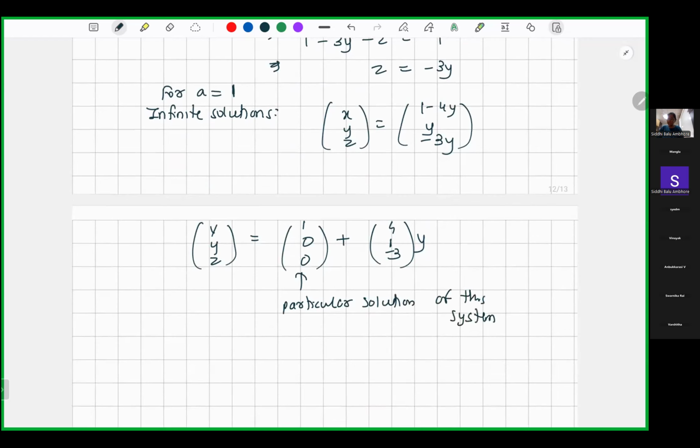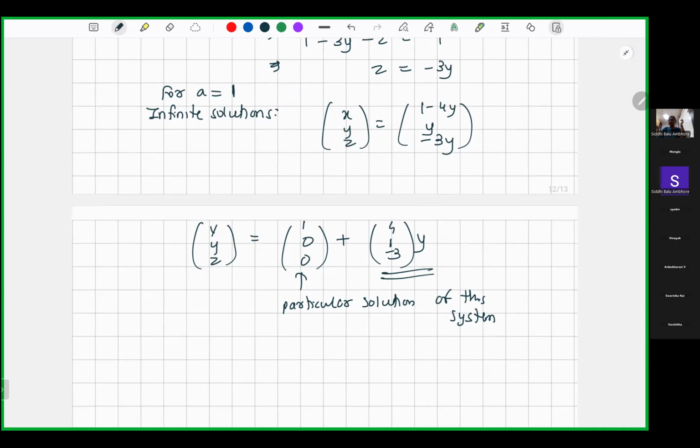And if you remember, if you read the assignment sheet properly, it's a 12-page PDF which contains so many things. And if you see, this is the particular solution which we talk about.